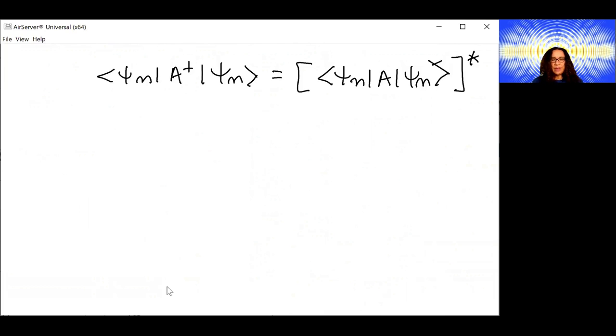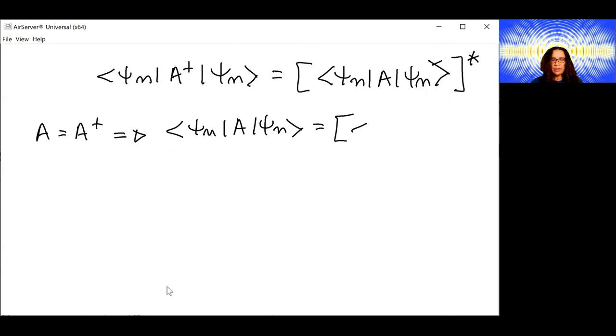Now we are assuming that A is equal to A dagger, which means that ⟨ψn|Aψn⟩ is going to be equal to ⟨ψn|Aψn⟩ star. But if you look back, you're going to see the following.